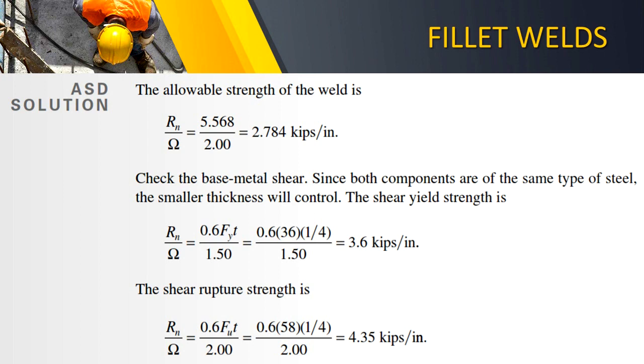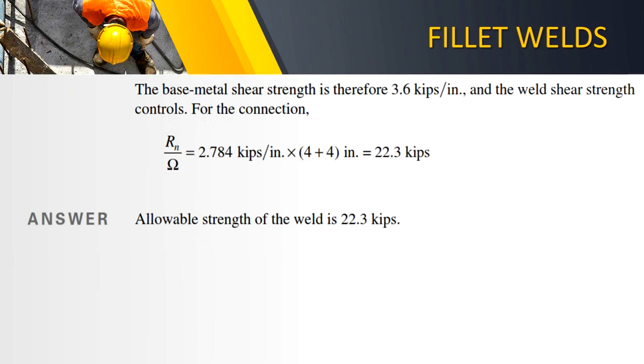The shear yield strength is Rn over omega, and by substituting the value, we get 3.6 kips per inch. The shear rupture strength is Rn over omega, and if we substitute the value, we get 4.35 kips per inch. The base metal shear strength is therefore 3.6 kips per inch. The weld shear strength controls.